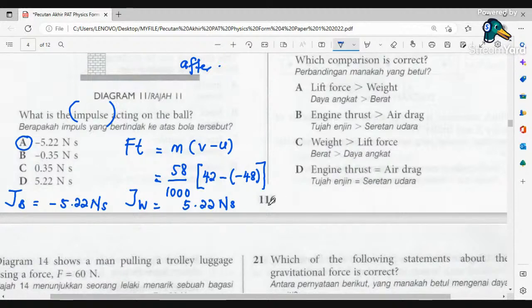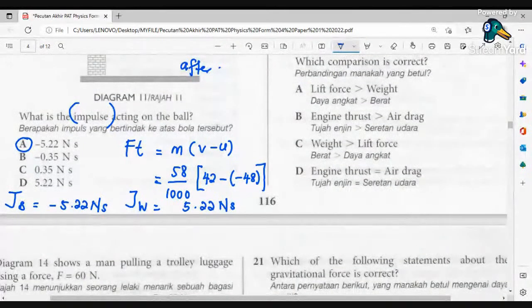Kita letak je tanda negatif. Negatif sebab dia opposite direction.